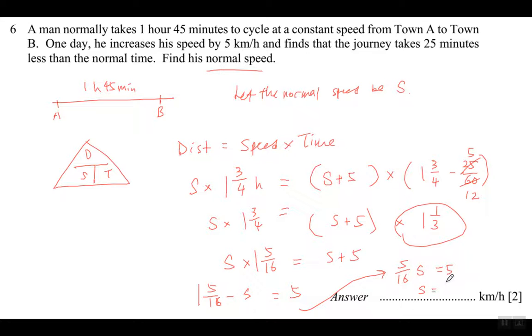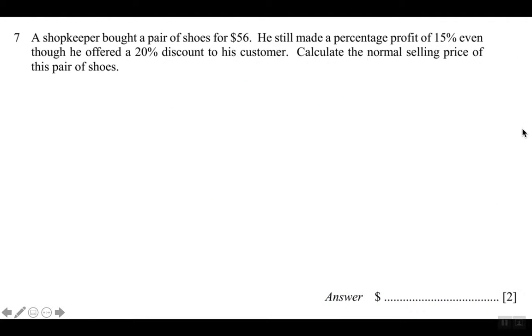That means S equals 5 times 16/5 equals 16. So S equals 16 kilometers per hour, the normal speed. Alright, done. Stop. 3 minutes 42 seconds. Okay, I am slow.